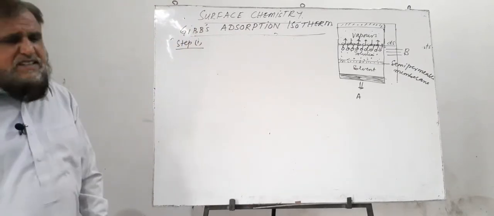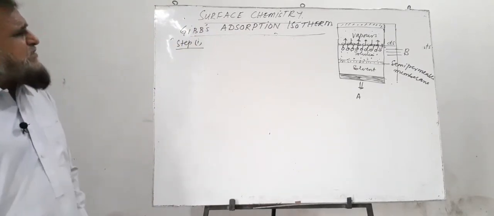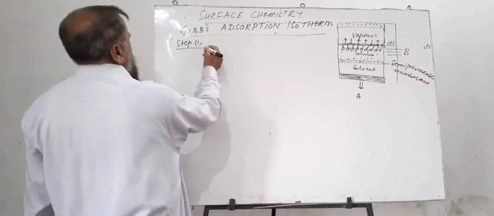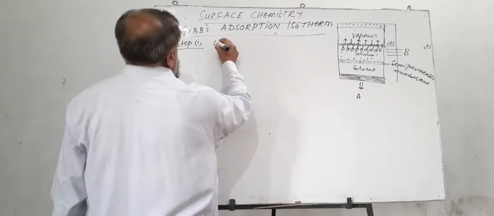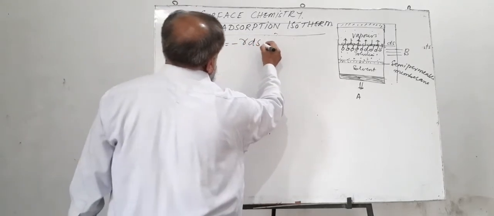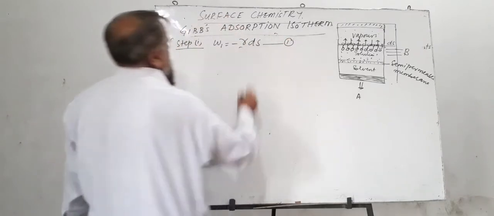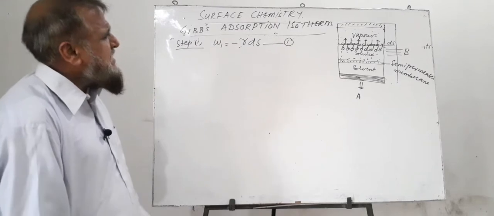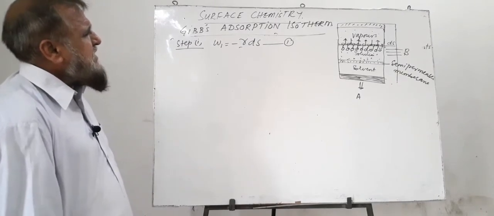Work will be done in this step against the force of surface tension. So the work done in step 1 is given by W1 = -gamma ds, where gamma is the surface tension of the solution and ds is the small distance covered.